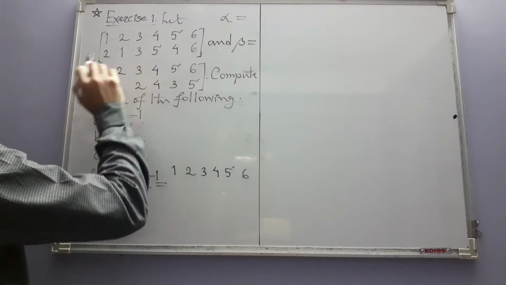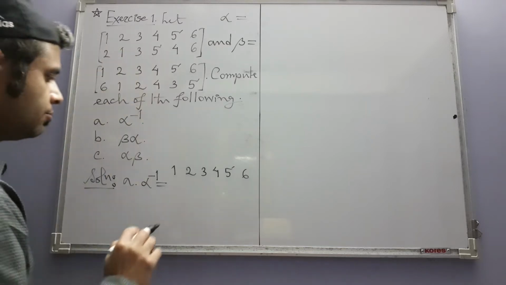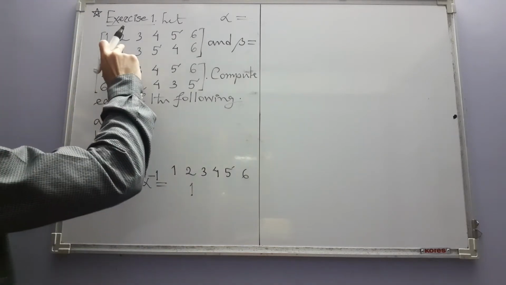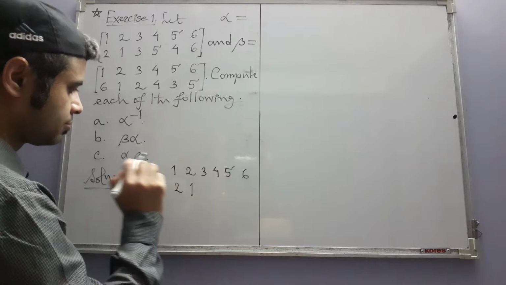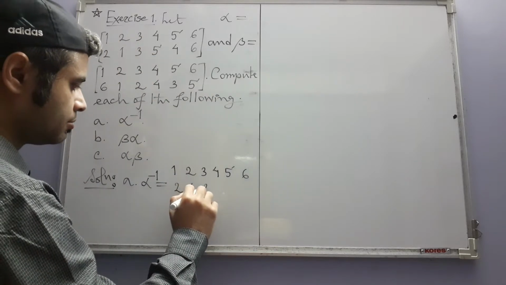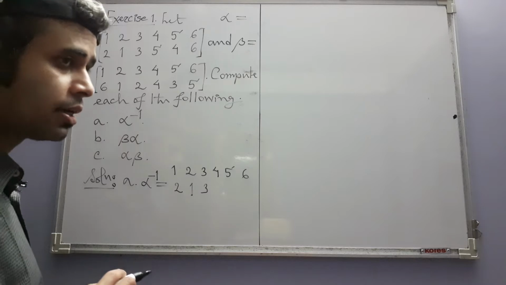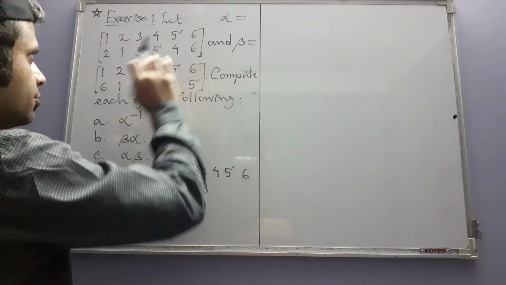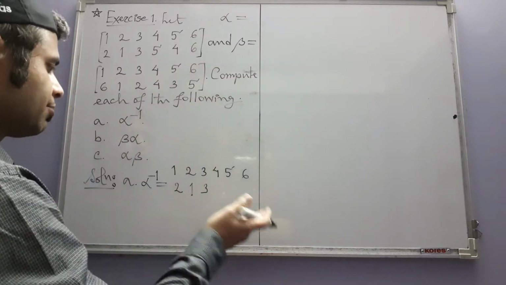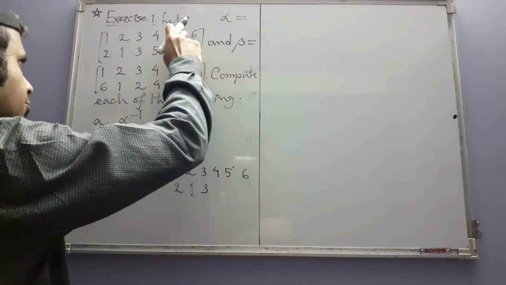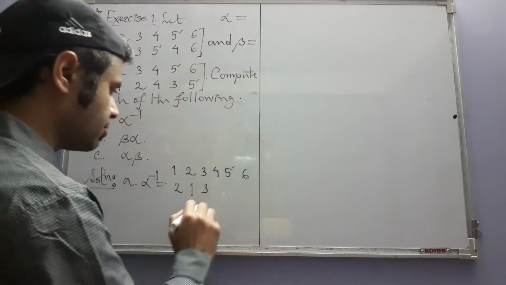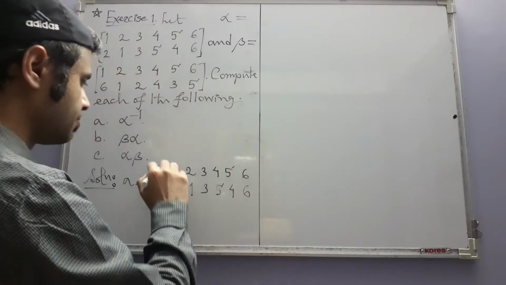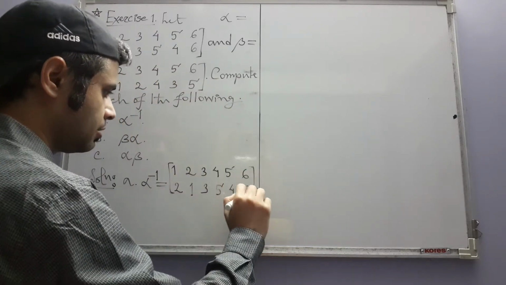So alpha takes 1 to 2, so alpha inverse will take 2 to 1, and 1 to 2. 3 is unchanged, so 3 will not be changed by alpha inverse also. 4 goes to 5, 5 goes to 4, so alpha inverse will send also 4 to 5 and 5 to 4. And 6 is unchanged. So this is our alpha inverse.